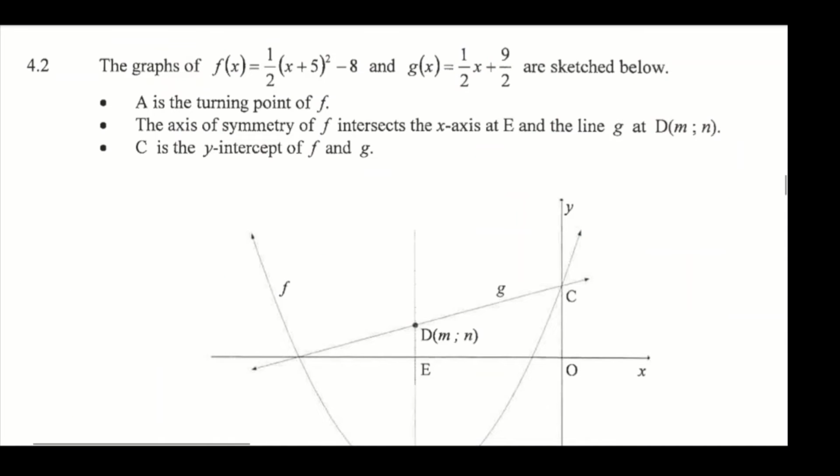Now in 4.2 we are given the graph of f. This is the equation of the graph of f, right, and the graph of g, and we are told that A is the turning point of f.